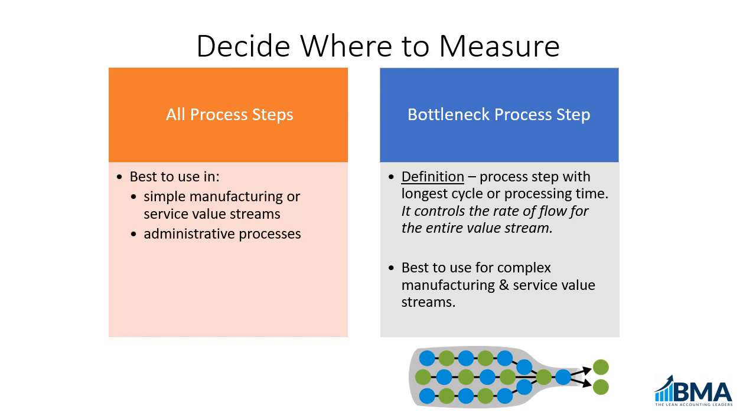If you have a manufacturing value stream that has like 35 steps, it may be cumbersome to do the capacity for all 35 steps. So just find the bottleneck or the key, or 2 or 3 key bottlenecks. Again, this is a choice that you will have to determine based on the specific value stream or process that you're measuring.